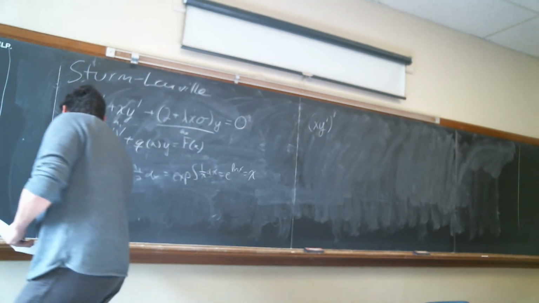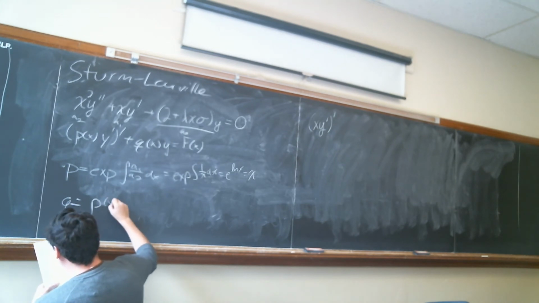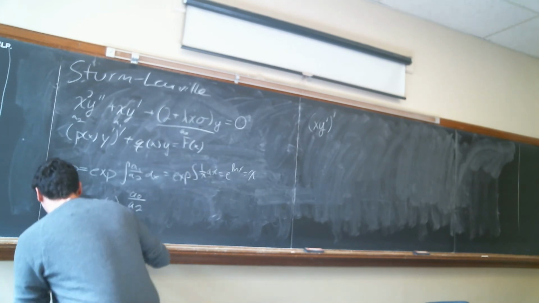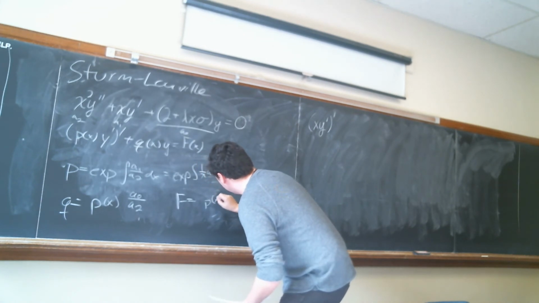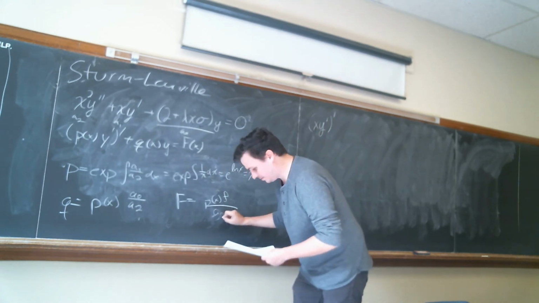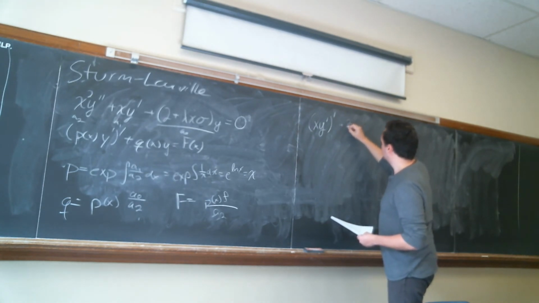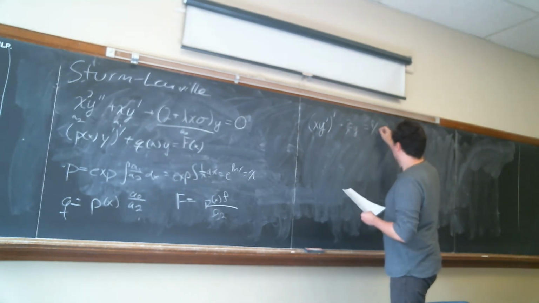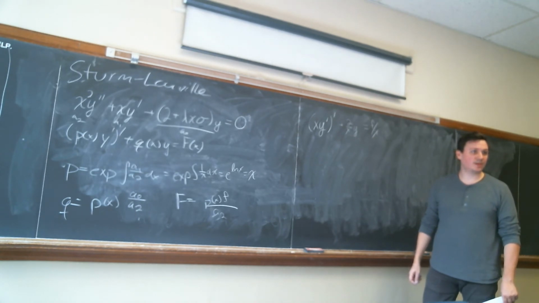Actually, there's a form for it. This is all in your notes. That's what's good about the beginning of these problems: p of x, and a0 over a2 is q. And then we can do f is equal to p of x times whatever the forcing function is over a2. And then that means that this whole thing goes to something like that, for sigma equal to 1 over x.